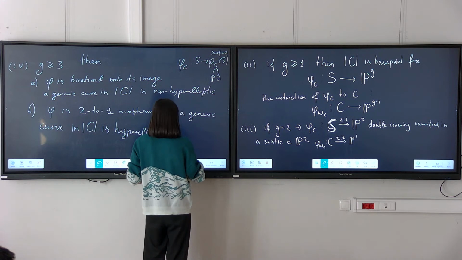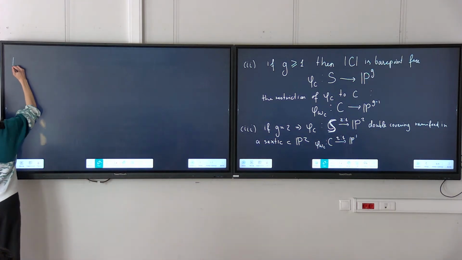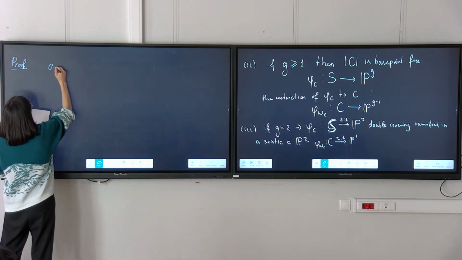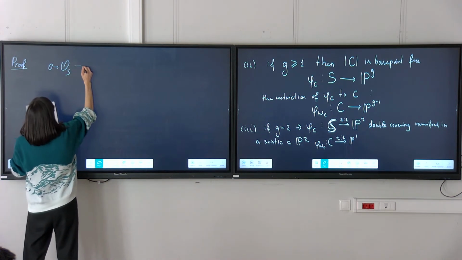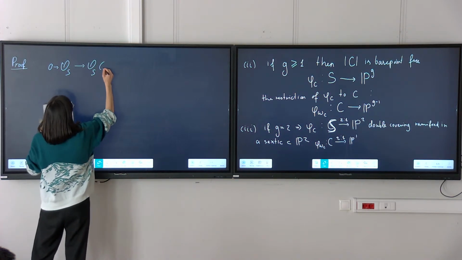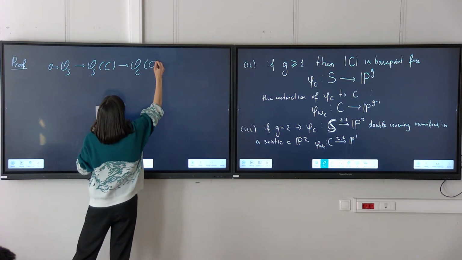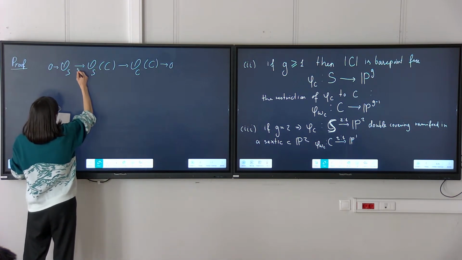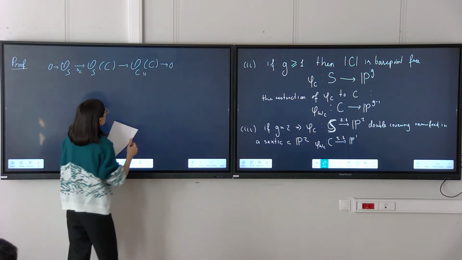So let me write down a proof on this board. Okay, so we can consider our favorite exact sequence twisted by OC. And this is a global section that is given by C. Then, what is this?